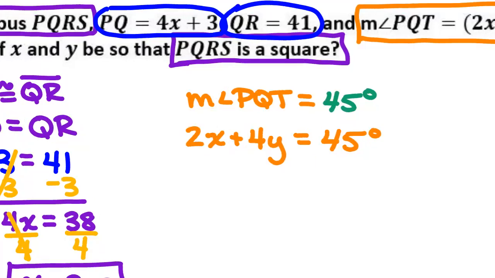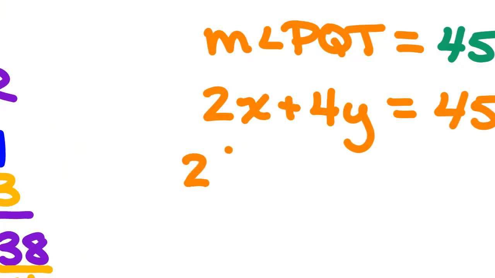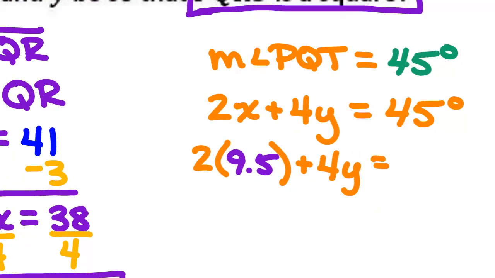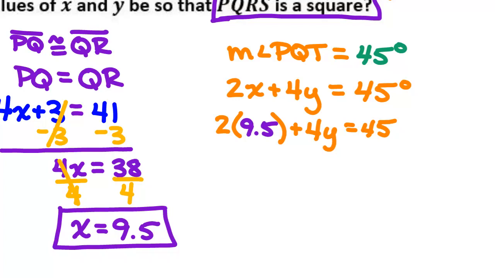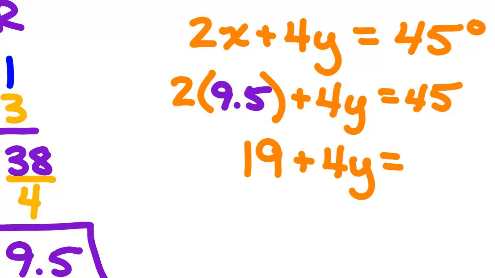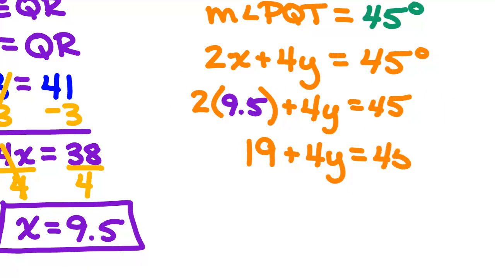We just found out that x is 9.5. So 2 times 9.5 plus 4y equals 45. What is 2 times 9.5? 19. So I have 19 plus 4y equals 45.